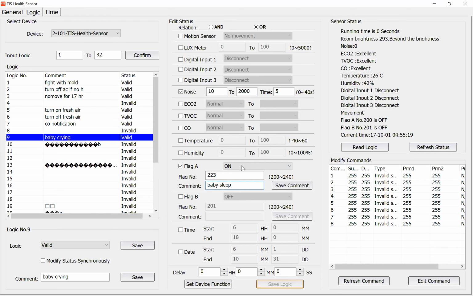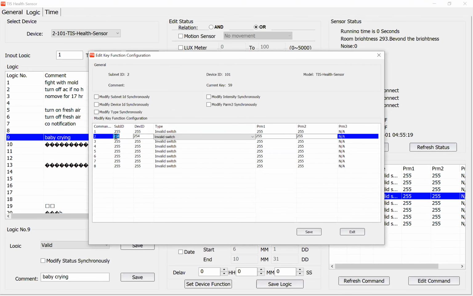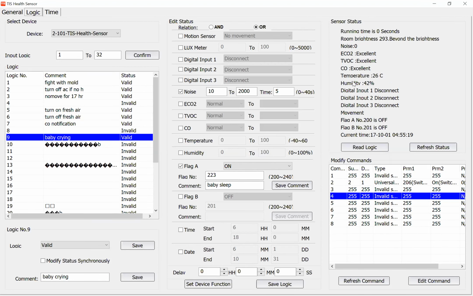Then we can here pop up the notification on the parents' room Luna and say the baby is crying, or we can send the notification to the cell phone. It depends on you. For example, here I said send the notification to the Luna panel. For example, message number 6, it said the baby crying.